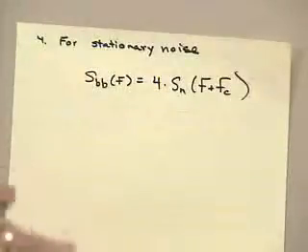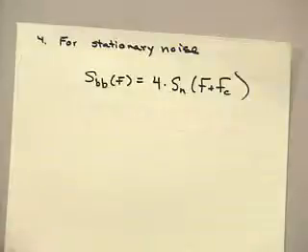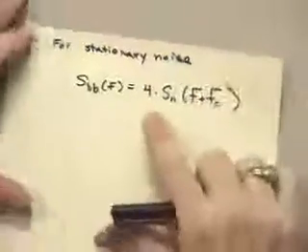All right, so that's the noise, perhaps not too surprising at this point. The only thing new with respect to the signals was, since we were dealing with power spectral densities now, the multiplying factor is 4 instead of 2.